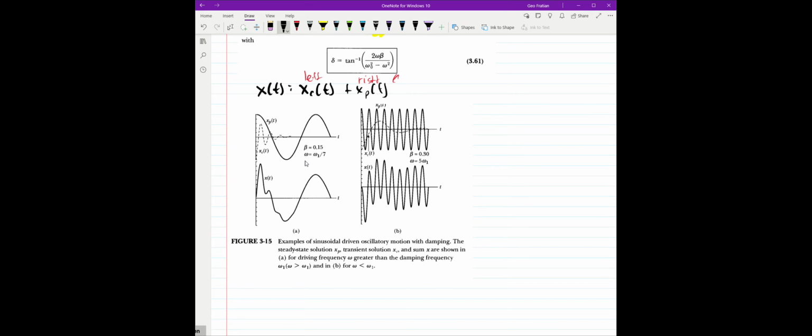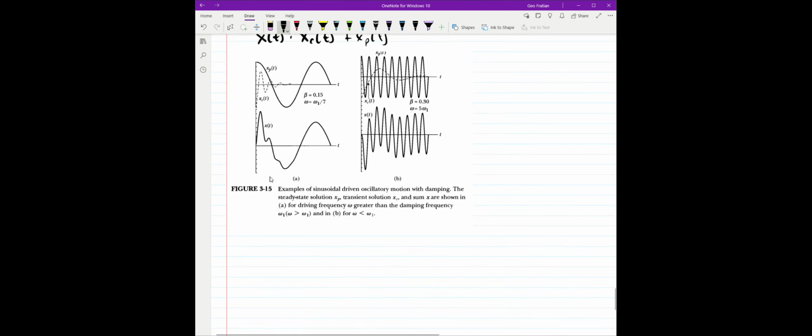If you just saw this right here, you'd say, oh, that's a sine wave. It's actually not. It's a lot more complicated than that. But it does reduce to a sine wave once this goes to 0. And then we see in this case a different example of the same thing.